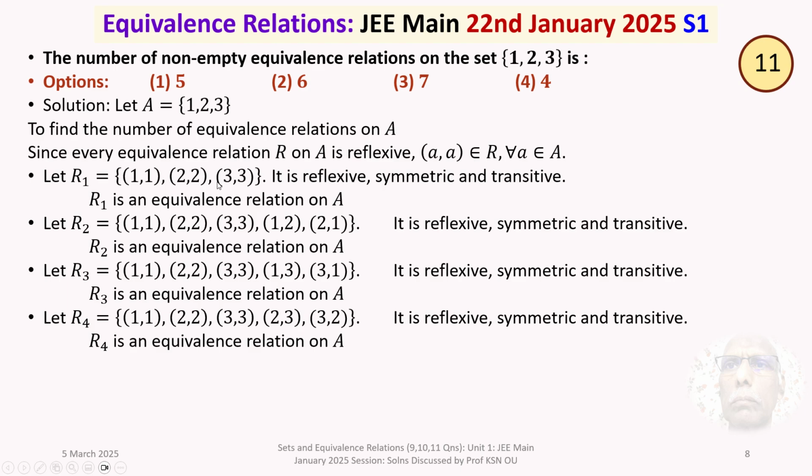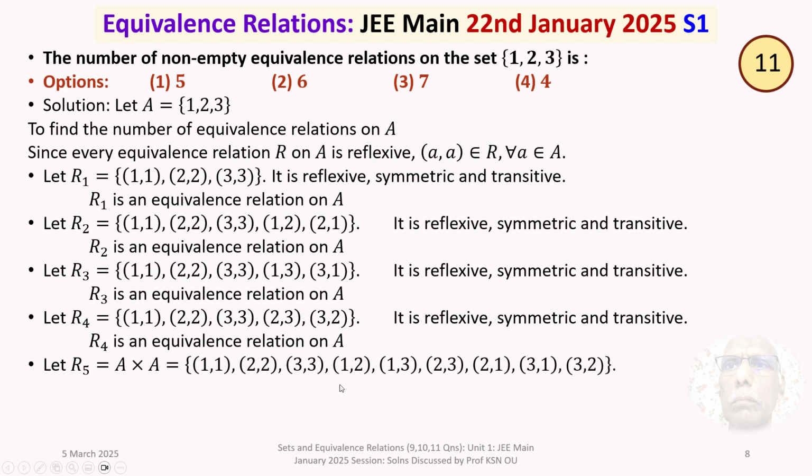Basically the reflexive elements are there, and to them we are adding. Now suppose you add (1,2) and you want (1,3) also. Then it becomes the whole set A cross A. Let R5 equal A cross A. That is 9 ordered pairs you have to write. A cross A means the Cartesian product of A with itself.